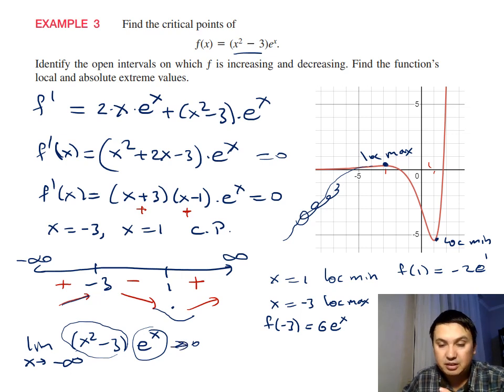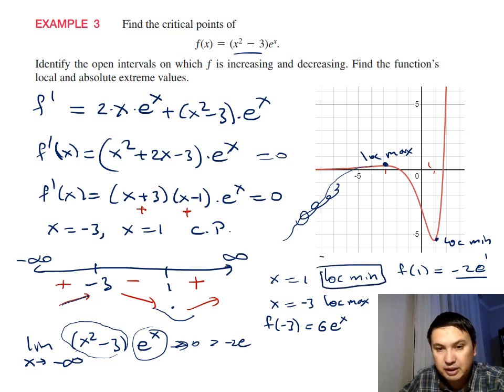Well, we don't see it yet, so we could apply some other methods, but we don't want to do it at this point. It's definitely bigger than minus 2e. So in fact here I not only have a local minimum, I have a global minimum.